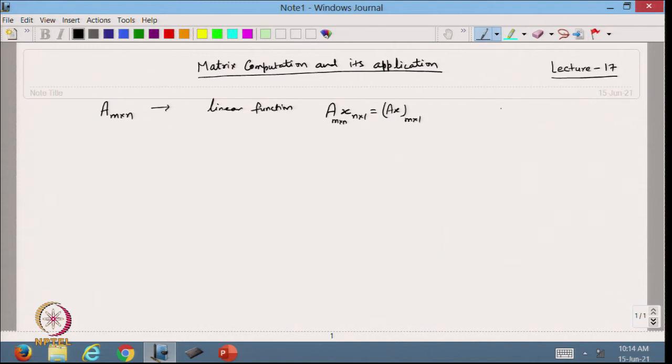So, A defines a linear map from Rn to Rm.